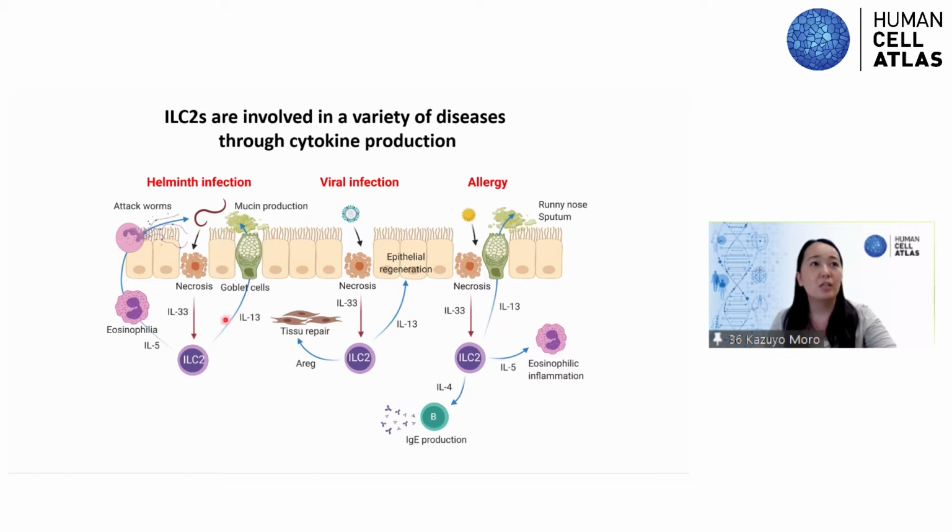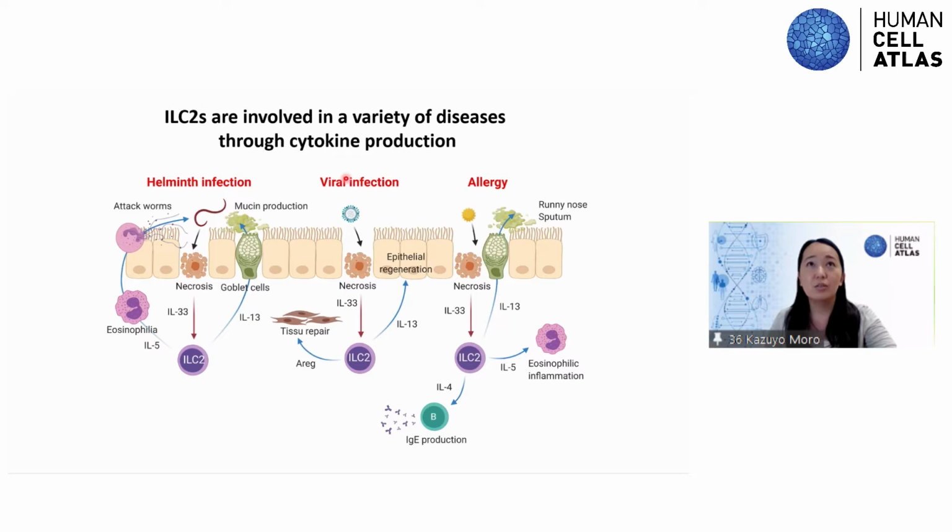The same mechanism is used in allergic diseases, but in this case, the allergen has an enzyme similar to that of the parasite and automatically destroys the epithelial cells and makes these epithelial cells release IL-33 and stimulate ILC2.